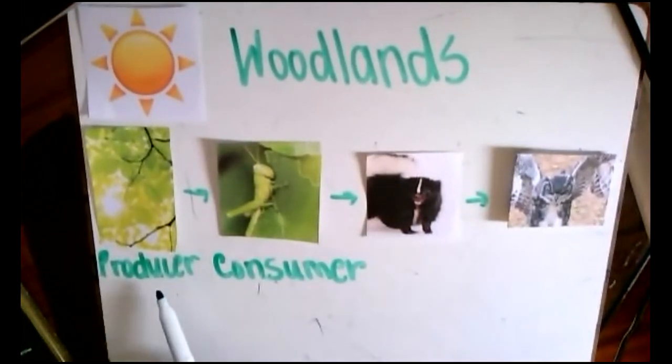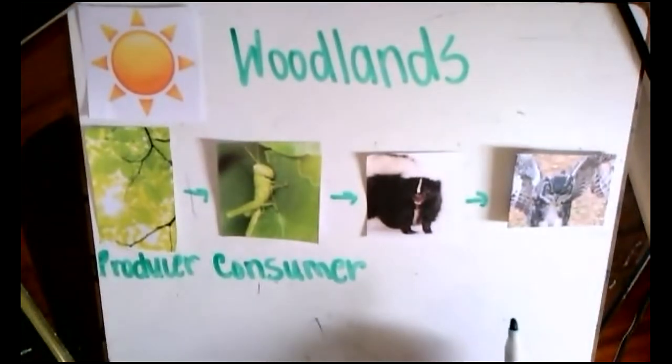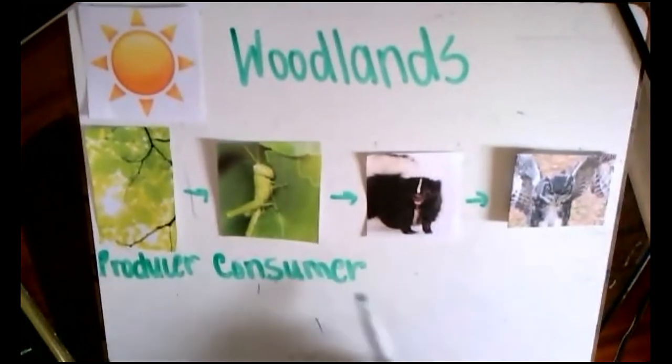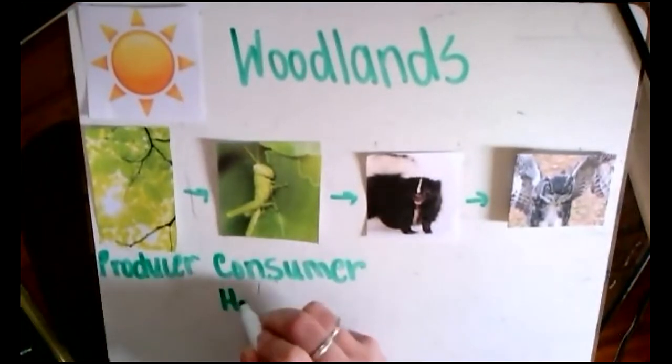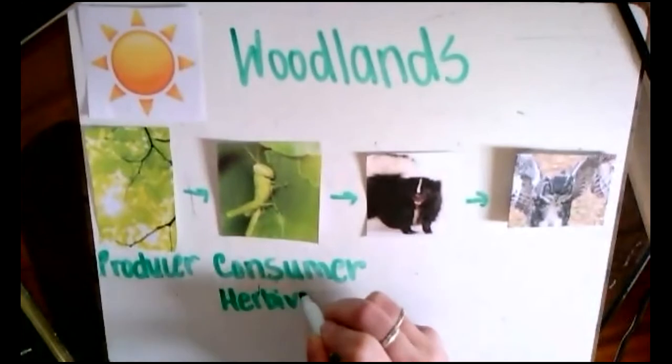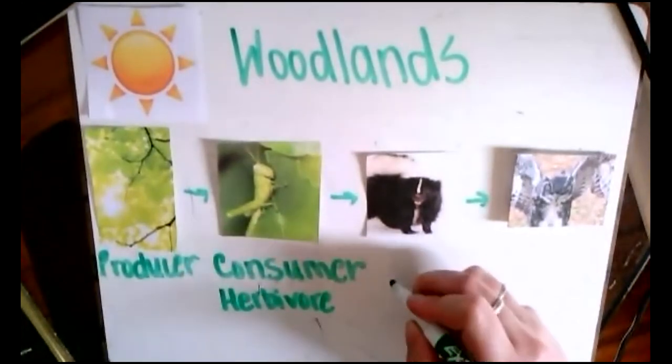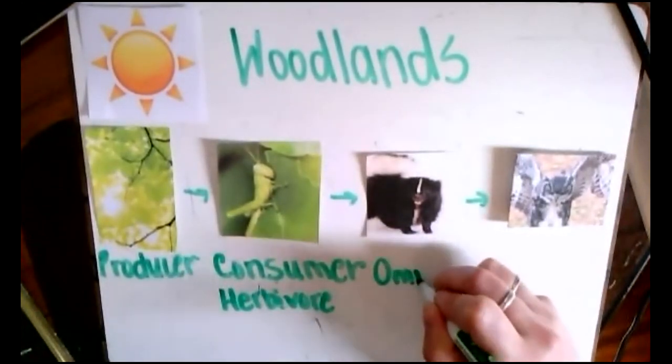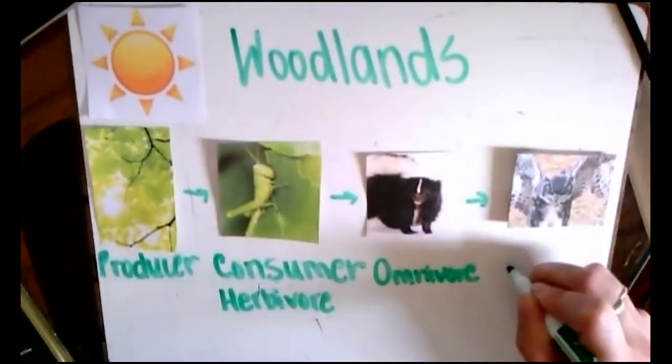But we need to see at least one producer and one consumer on your food chain. We would like to see what types of consumers you include on your food chain. So again, you may need to do a little research in this area, but from my own research, I knew that a grasshopper is an herbivore, whereas a skunk is an omnivore, and an owl is a carnivore.